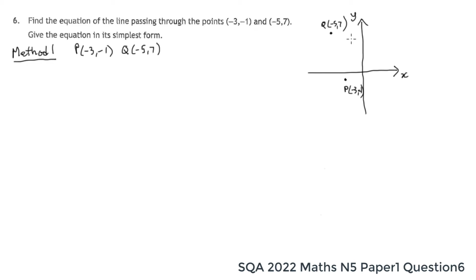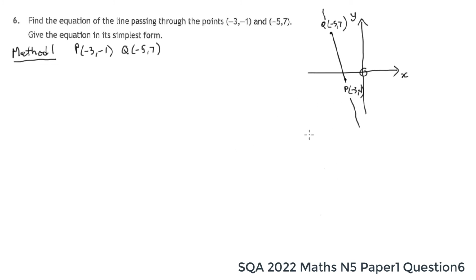And we join these up. And of course that line extends in both directions. So there's a picture of that line. You'll notice a downhill line, fairly steep, so it'll be a negative gradient, quite a large number.